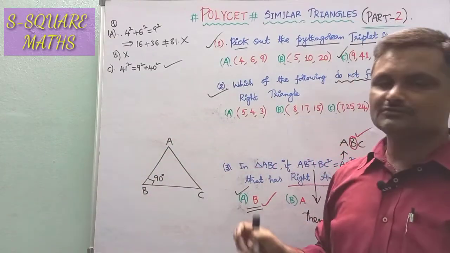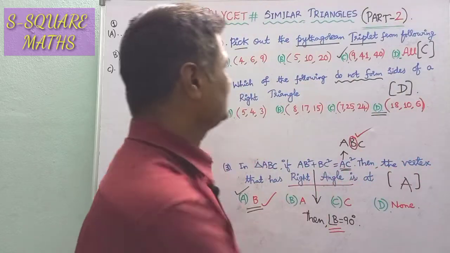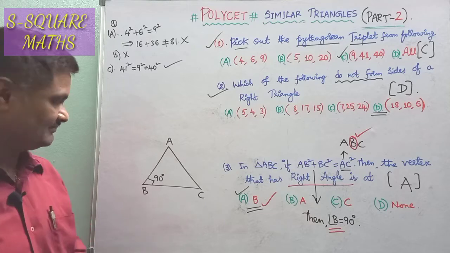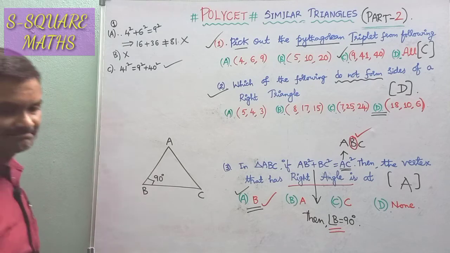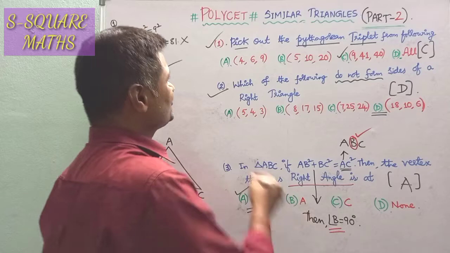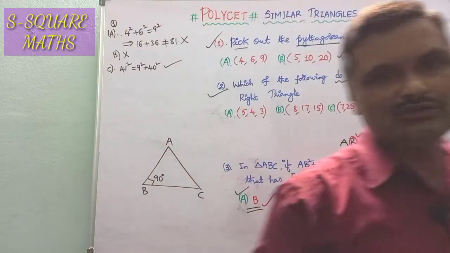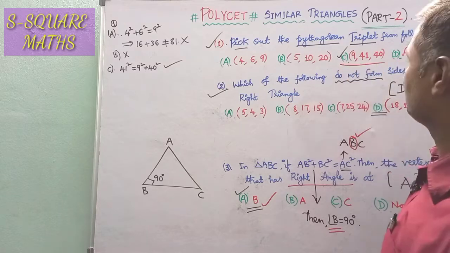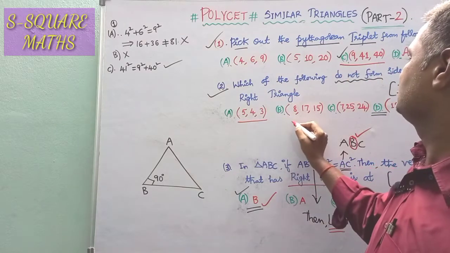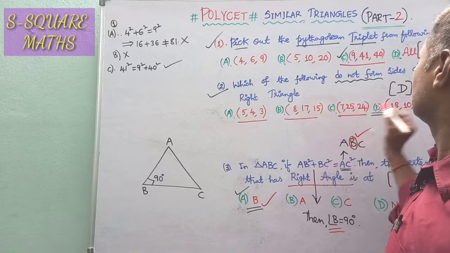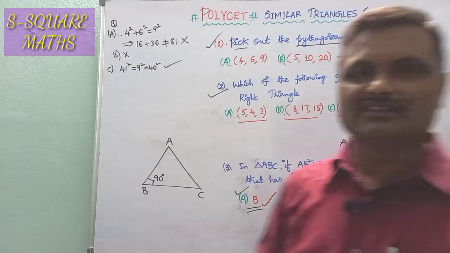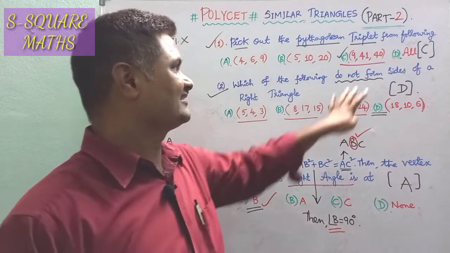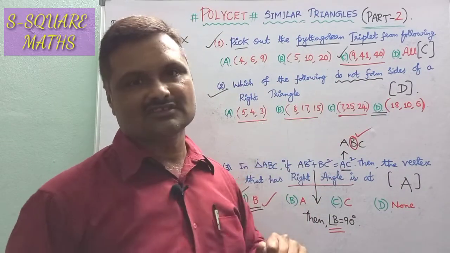Once you have looked at these three objective bits, please viewers, from this you have gone through some Pythagorean triplets. This is one Pythagorean triplet, second one, third one and fourth one. So in this video indirectly you have learned 4 Pythagorean triplets: 1, 2, 3, 4.